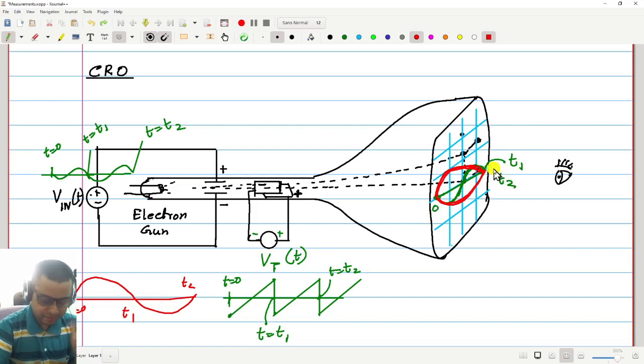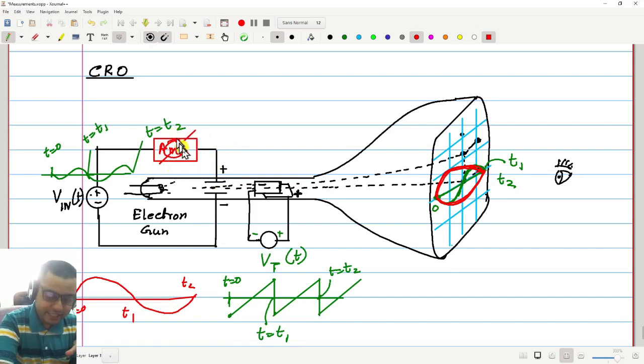Basically there are some common adjustments we can do. Number one, the voltage that we are applying between these two plates. Before that we may have an amplifier, so that the voltage that we are measuring, we can scale up or down, and this amplifier will have a knob that you can turn.